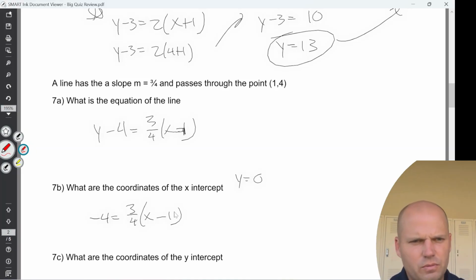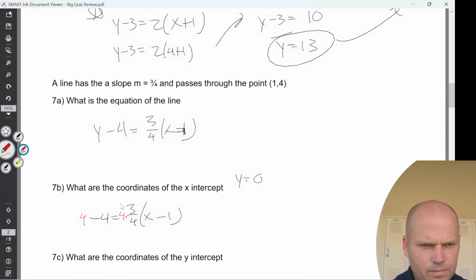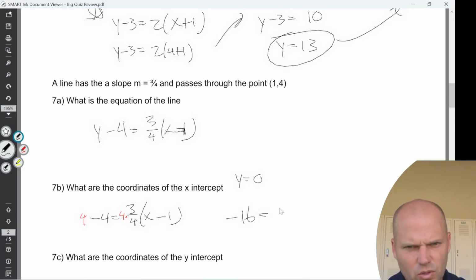I could distribute, but I think the easiest way to solve this is to multiply both sides by 4. Because of the parentheses, I'm not distributing the 4 everywhere. I'm just multiplying the 4 by the 3/4, and I get -16 equals 3 times x minus 1.